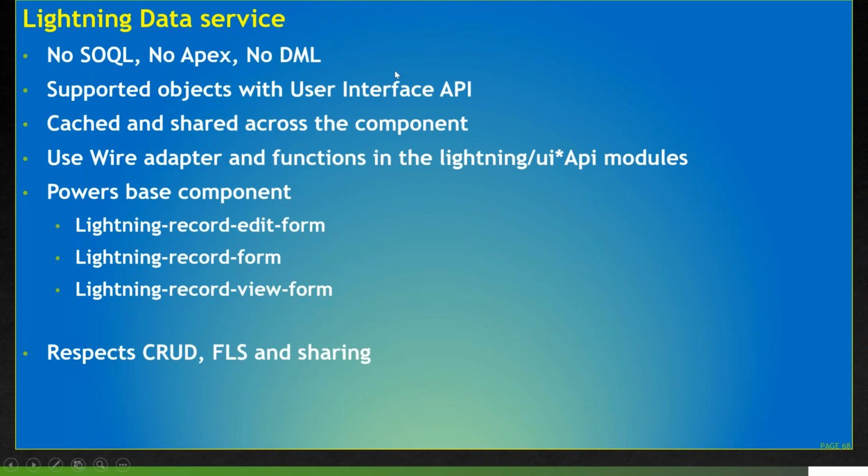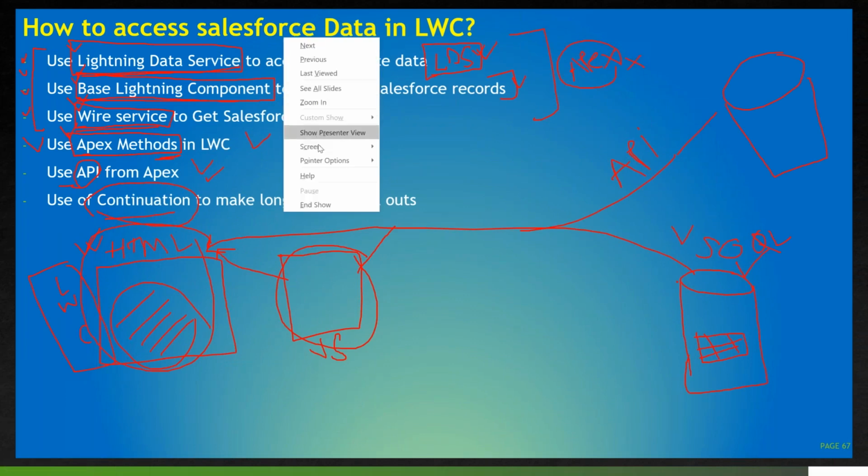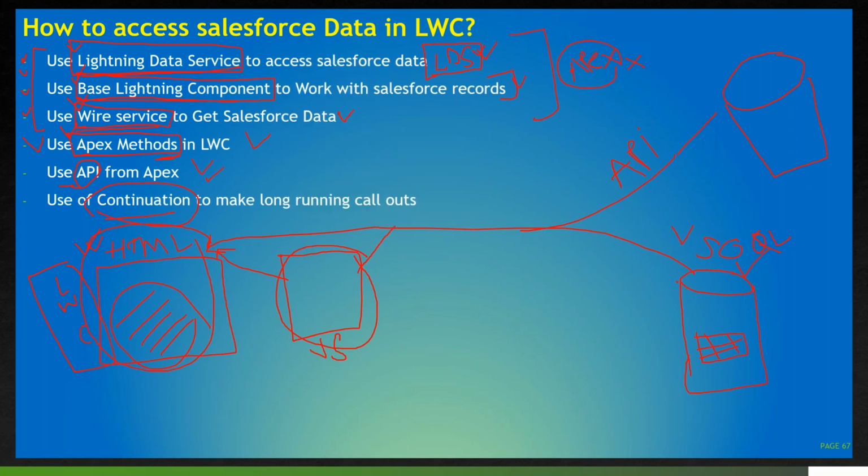If you remember in the previous session, I was talking about how I can access my Salesforce data in the LWC. If you have data in your object, how can I get that object data to the LWC component or HTML file to display?